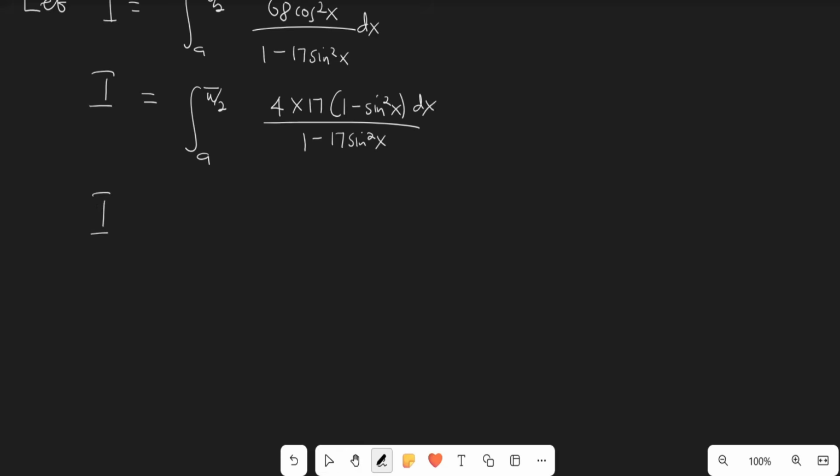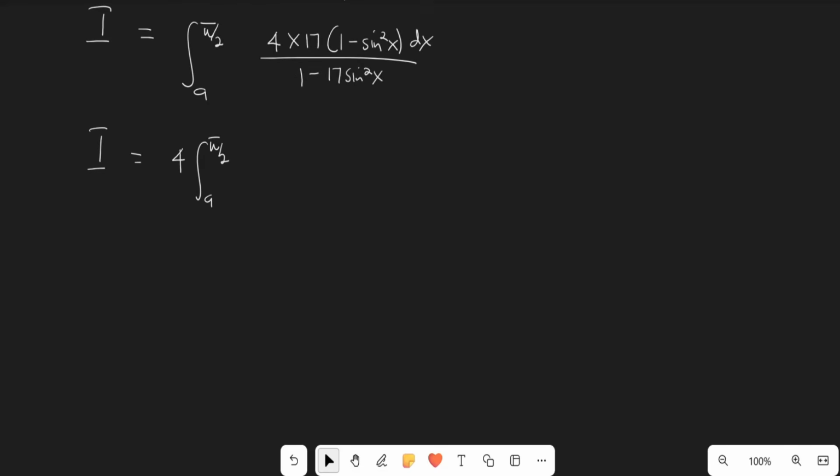Alright, so 4 is a constant, I'm going to pull it out. Then I have the integral from a to pi over 2 of, now I have 17, so this is going to be 17 distributed. I have 17 minus 17 times sine square of x at the numerator divided by 1 minus 17 times sine square of x, then dx.